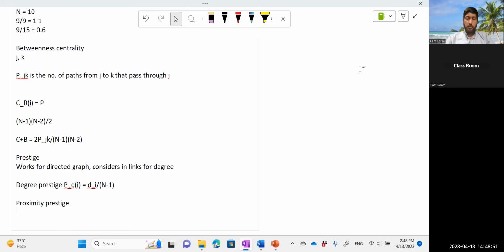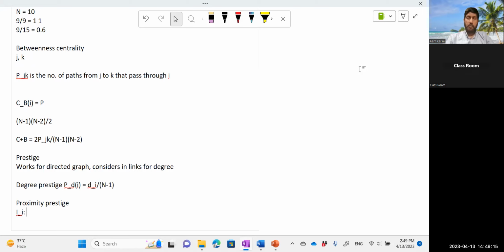Proximity prestige basically looks at the influence network of a particular node. If you are talking about a particular node I, we are considering the set of nodes capital I.